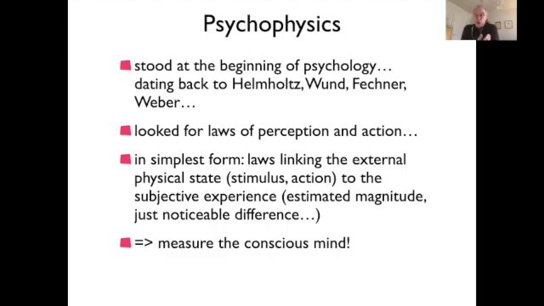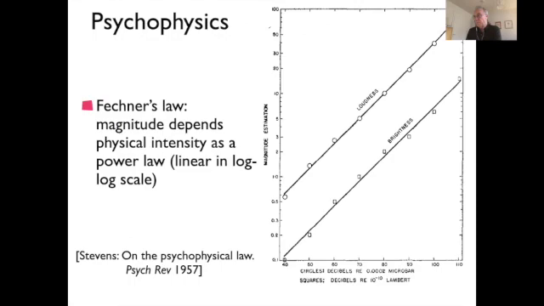So these were measures on the mind, on the conscious mind, by asking people simply to make classification or estimation responses. The technique we're still using pretty much today for measuring behavior. Here is an example, it's actually a very nice review paper by Stevens in 1957 on psychophysics in Psych Review.